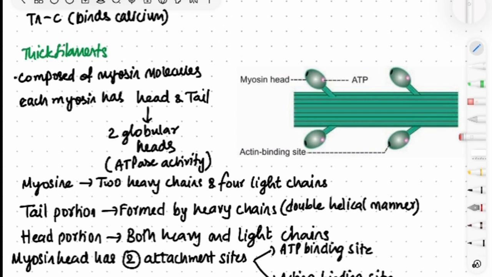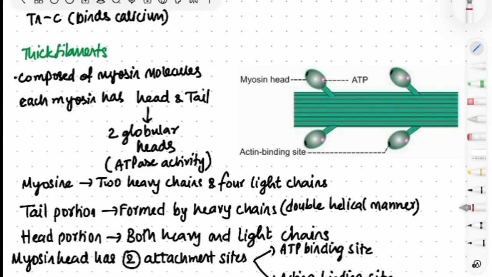When we look at the antibody molecule, we find heavy chains and light chains, right? Here also in the myosin molecule, we have two heavy chains as well as four light chains. No need to go into detail, just remember we have two heavy chains and four light chains.